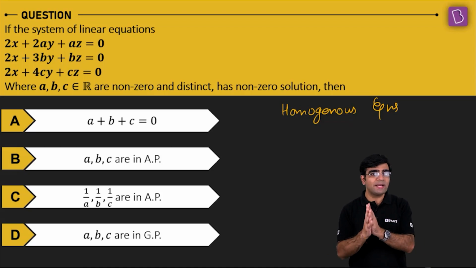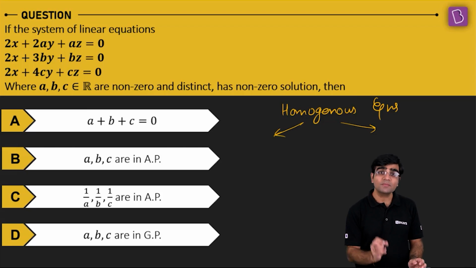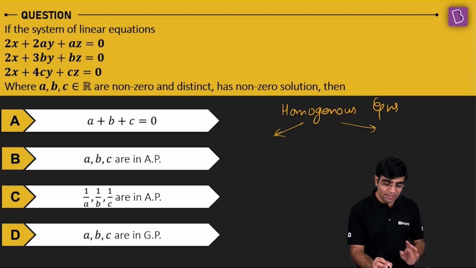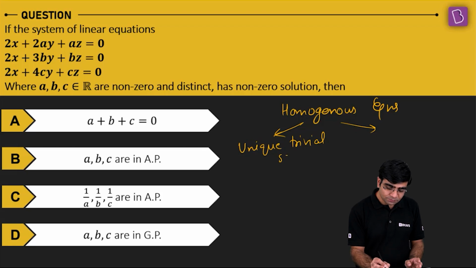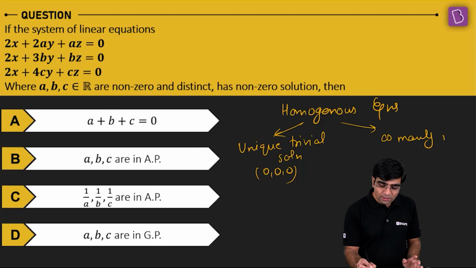Now, I have two types of solution in the case of homogeneous equations. What are the two types of solution that we have here? First one is that we have a unique trivial solution. Unique trivial is nothing but the solution which I talked about, 0, 0, 0. Trivial stands for 0. And the second category is that we have infinitely many non-zero solutions, or non-trivial solutions.